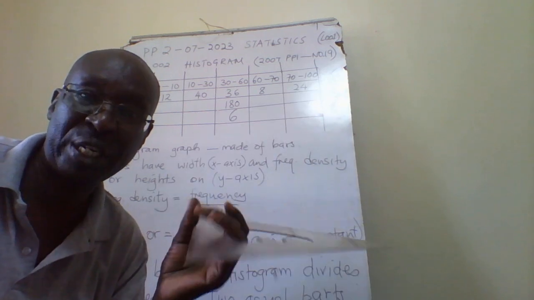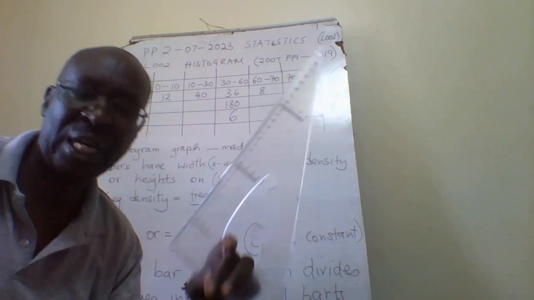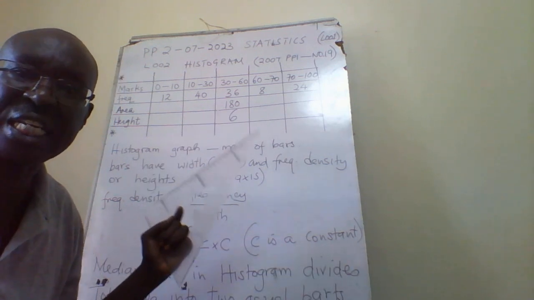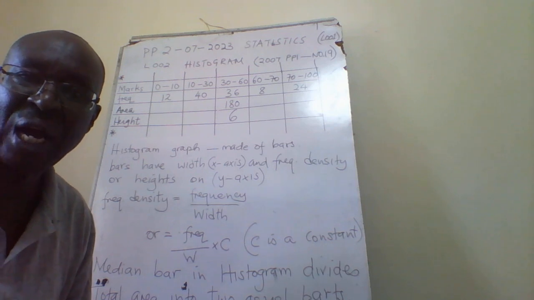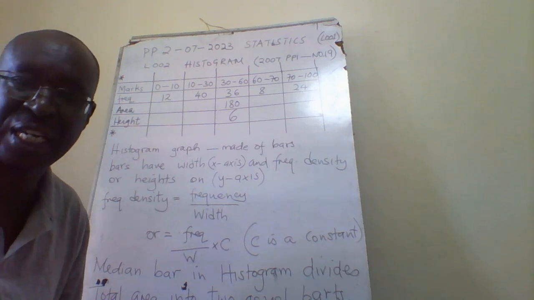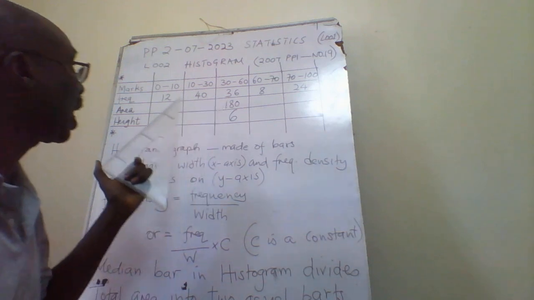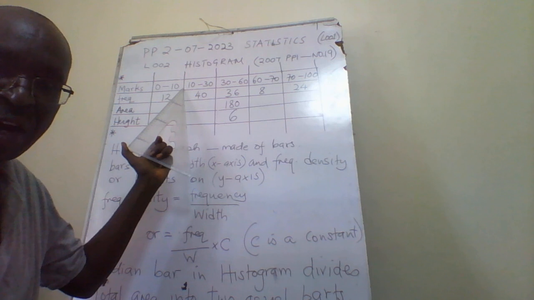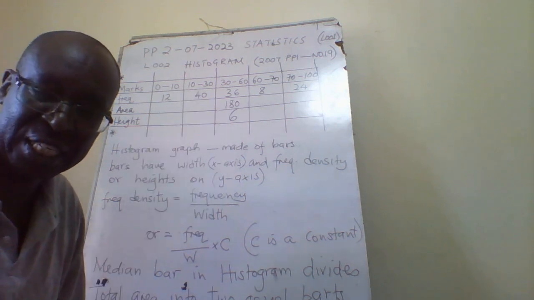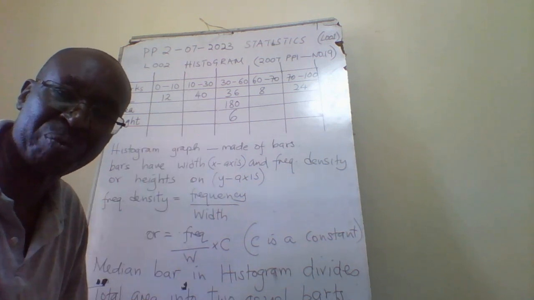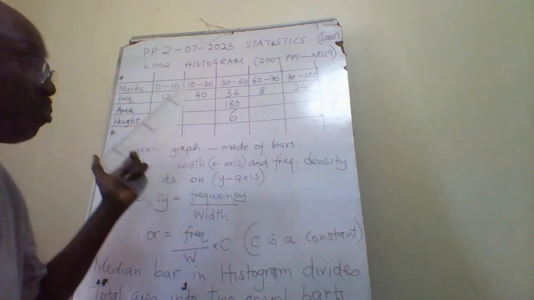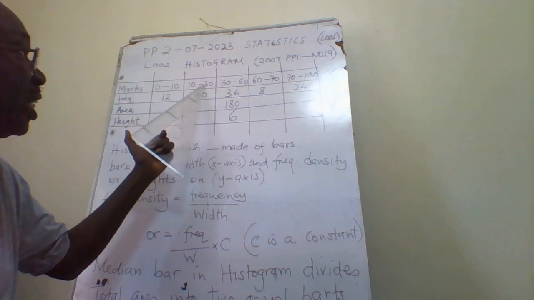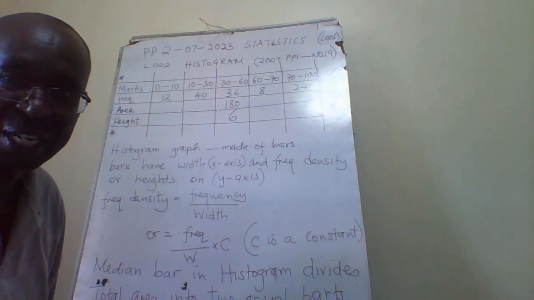I want to draw your attention to the fact that the marks given can be in classes that overlap, and they can be in distinct classes. This is a class that overlaps. You can see the upper figure of the previous class is the first figure of the next class. Previous class, upper figure is 10, but the next class starts from 10.